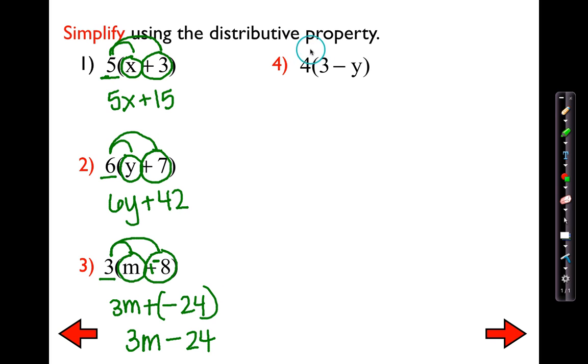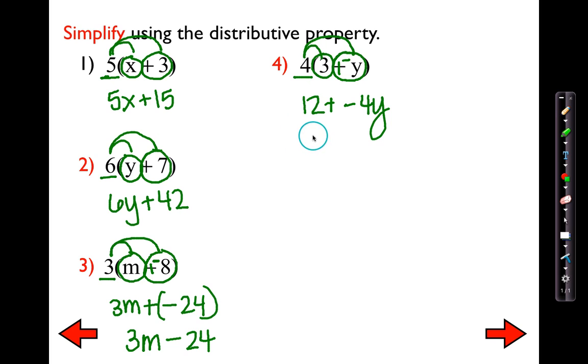So same idea here for number 4. We are distributing a 4 to 3 and to a minus y. Notice you only go up to the parentheses. So here 4 times 3 is 12. 4 times minus y, what do I need to do there? I need to add the opposite. So a 4 times a negative y is going to be plus a negative 4y.